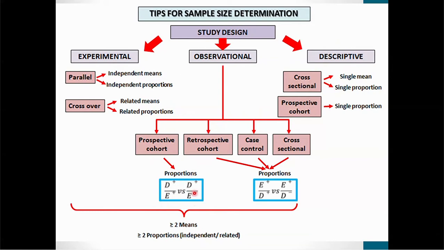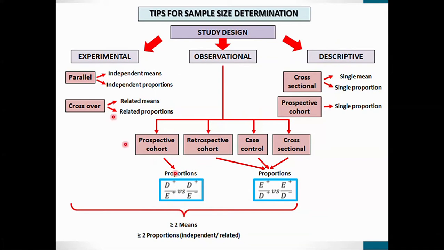Let's see the example after this. In these study designs, we are more interested in the exposure: exposed with disease, exposed with no disease. Basically, we can use two means or two proportions. Sometimes we can use more than two means or more than two proportions, either independent or related.